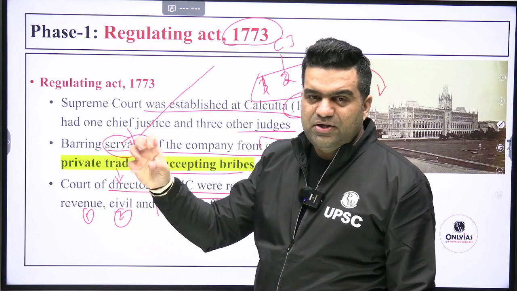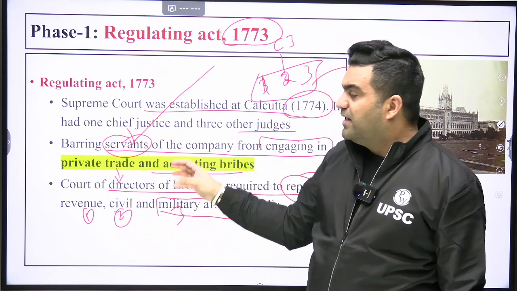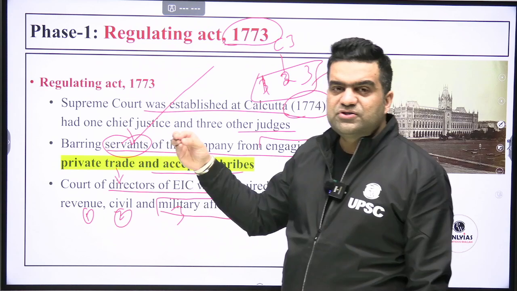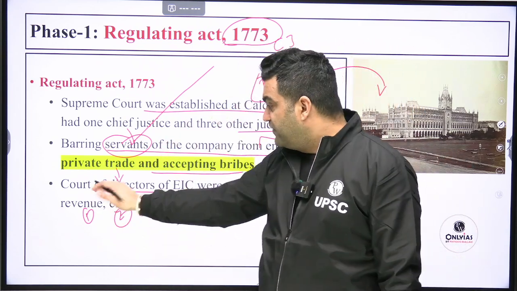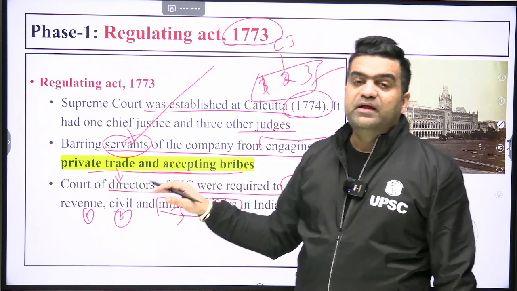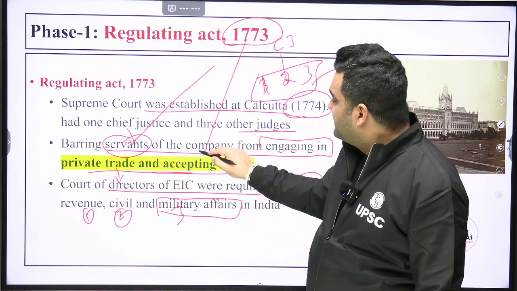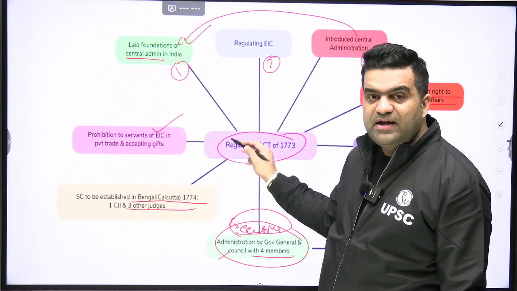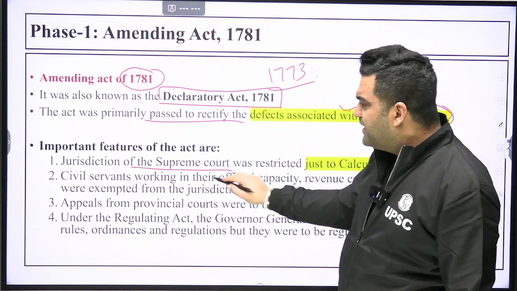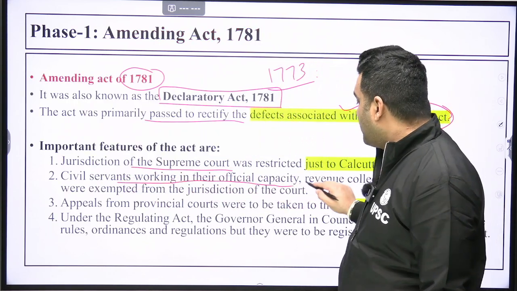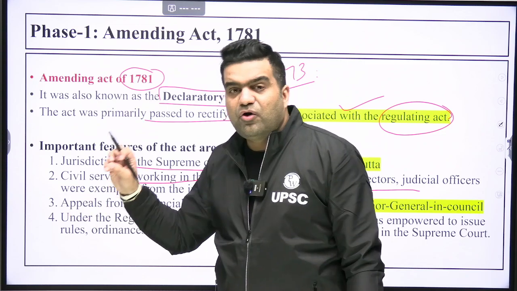What happened with the Regulating Act of 1773 is that by completely constricting the officers, the civil servants of the company, they became so scared that they would stop acting in the official interest. Many of them wanted to leave India for fear that they would be accused of corruption, etc. That is why the 1773 Act's mistake was rectified by the amending Act, so that anything done by the civil servants in their official capacity, revenue collectors, judicial officers, would not be frowned upon.